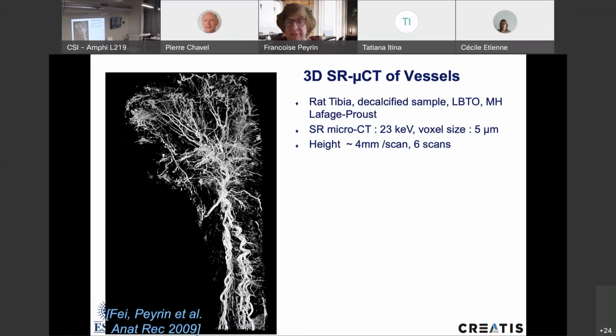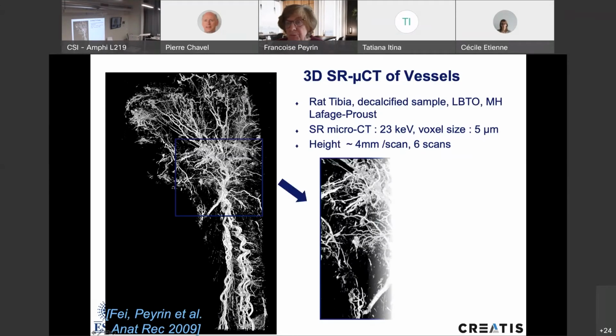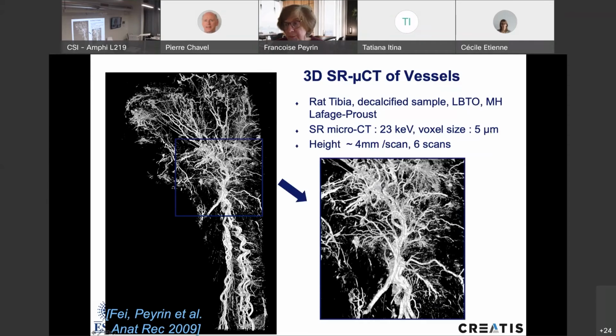So you put a contrast agent in the vessel and you can see the structure of the vessels.